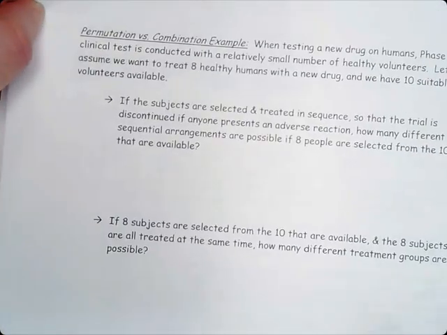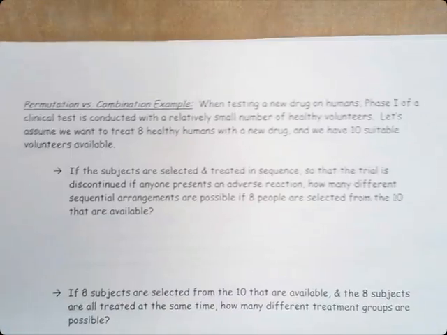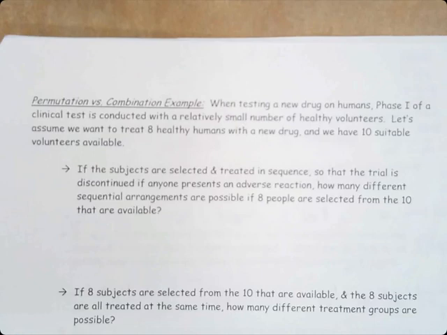Okay, so let's look at permutation versus combination. When testing a new drug on humans, phase 1 of a clinical test is conducted with a relatively small number of healthy volunteers. Let's assume we want to treat 8 healthy humans with a new drug, and we have 10 suitable volunteers.